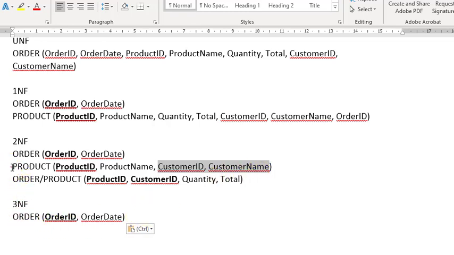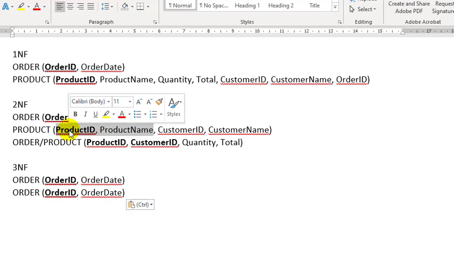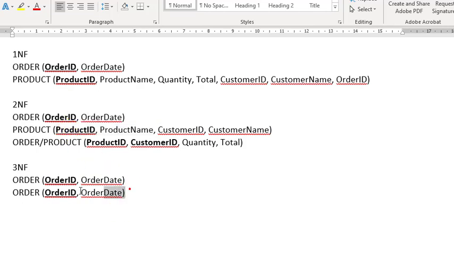So product now will have the attributes product ID and product name.